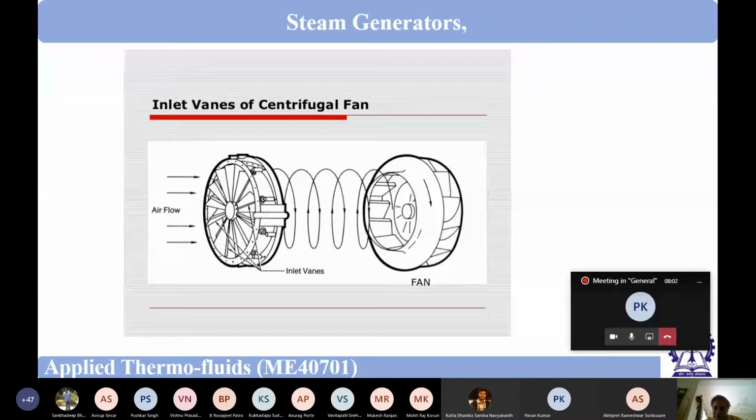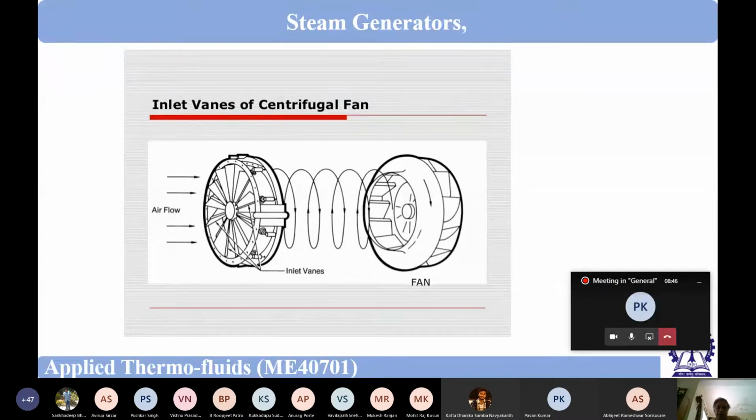How do you control the flow of a liquid through a pipeline? We provide a valve. A valve is the easiest way of controlling the flow rate. Similarly, in case of a fan there are different kinds of control. Either we can increase or decrease the speed of the fan using a variable speed drive or variable frequency drive motor, or we can use a valve called a damper.